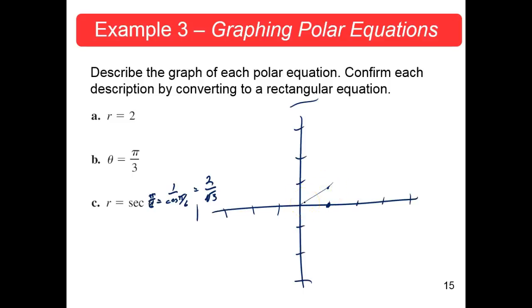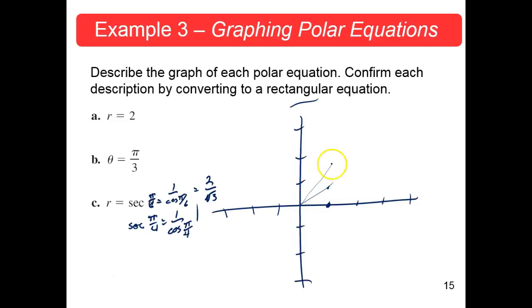Now let's do secant of pi fourths. Anyone remember that's 1 over cosine pi fourths? Does anyone remember what cosine pi fourths is? Square root of 2 over 2. So it's 2 over root 2, or just root 2, which is 1.414.